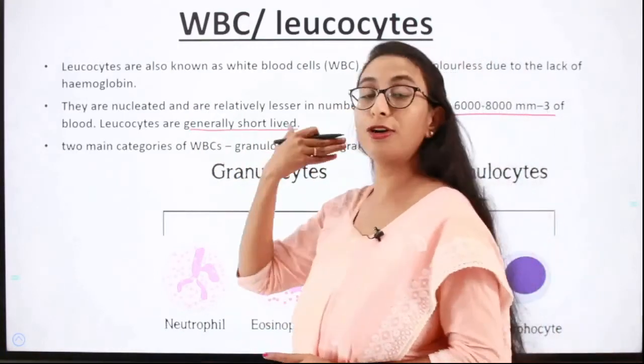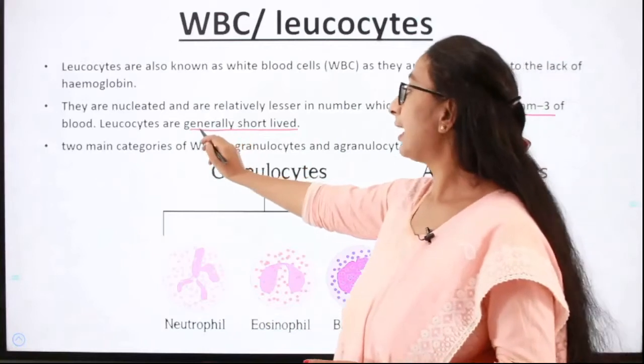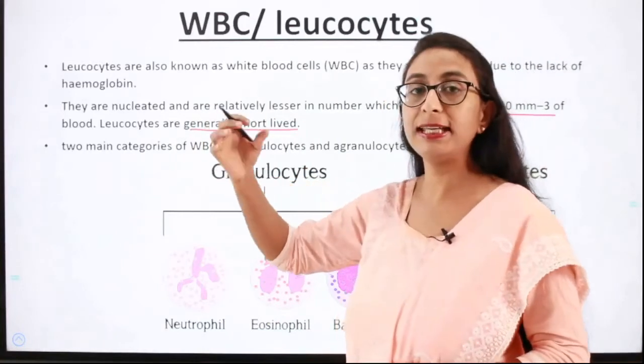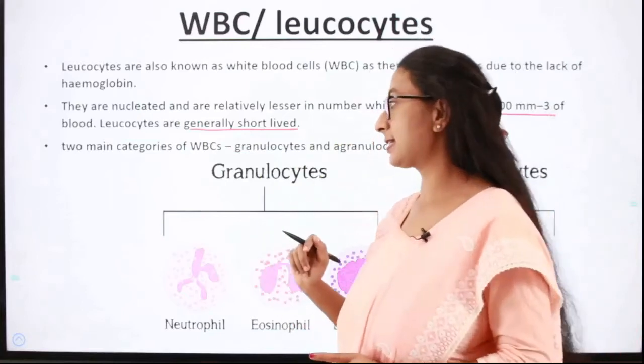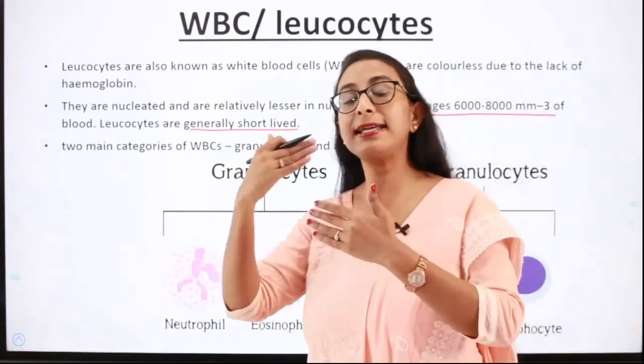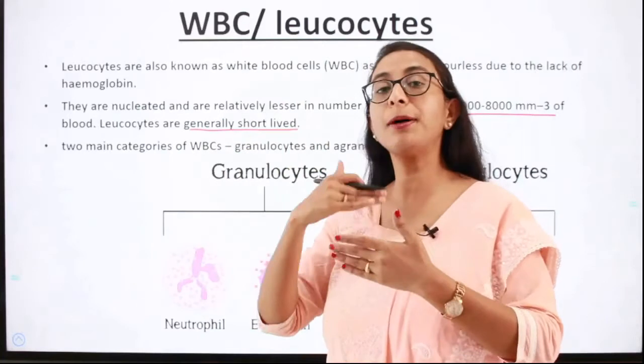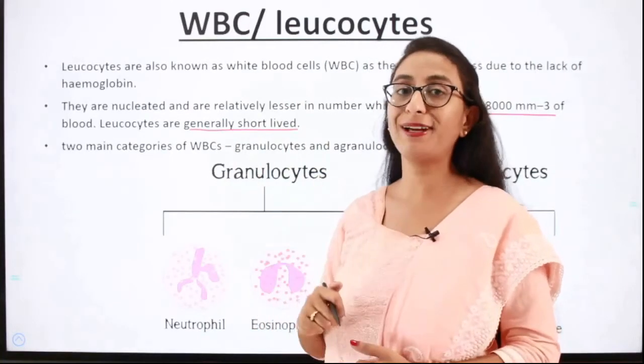So the life of leukocytes or WBC is short lived, whereas RBCs have a long lifespan of 120 days. So like this, as you read about WBC, you need to keep comparing with RBC so that you will not forget it.